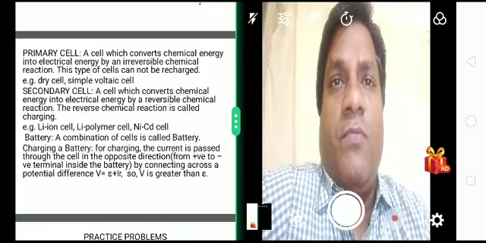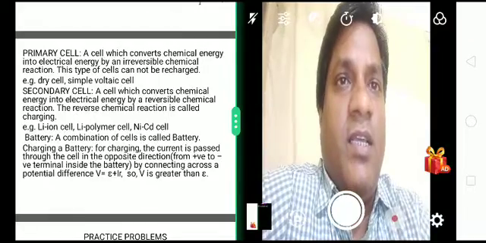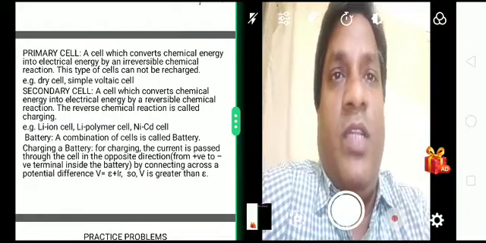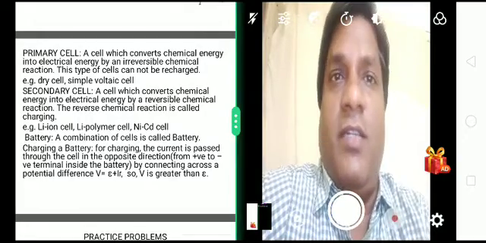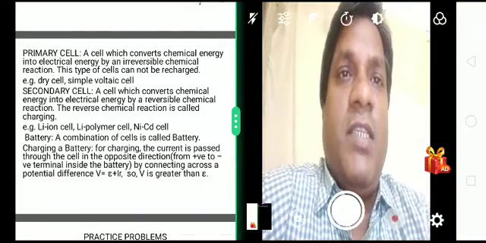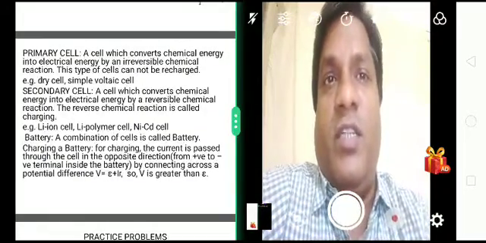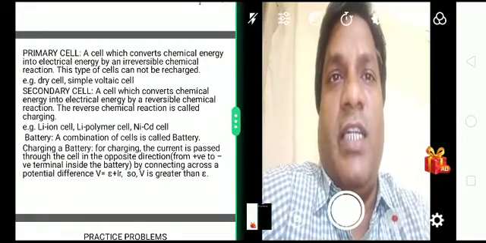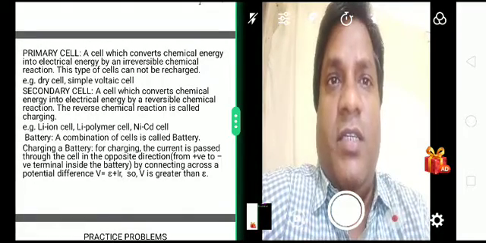Now, what is a primary cell? A cell which can be used only once and cannot be recharged is called a primary cell. So the primary cell converts the chemical energy already stored in its electrolyte into electrical energy by an irreversible chemical reaction.